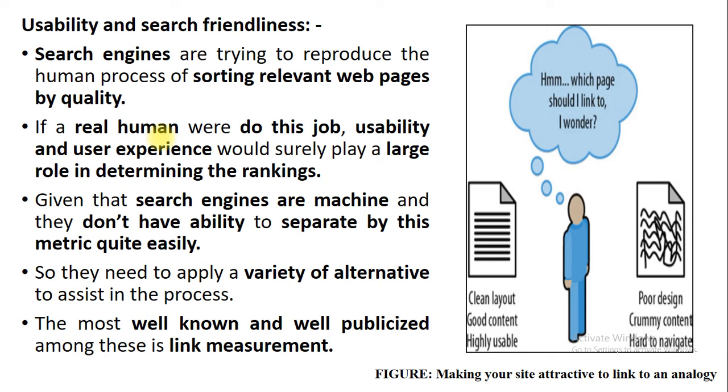Say for example, when I want to perform sorting, as a human being I can apply my experiences: when I click on a particular website, a positive experience is created, and when I click on another website, a negative experience is created. So that is my experience regarding the website.